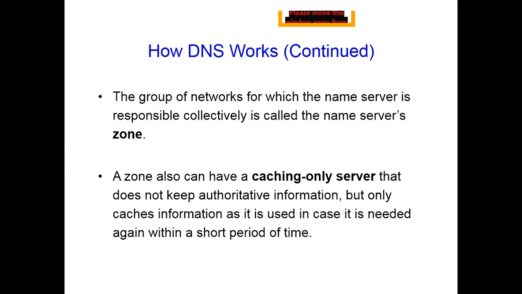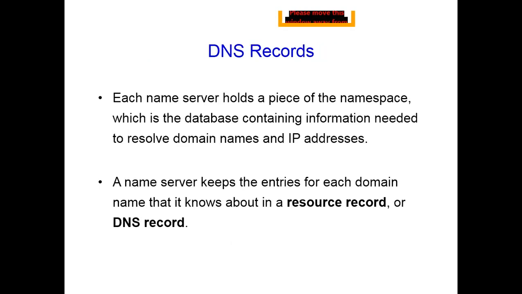The group of networks for which the name server is responsible is collectively called the name server zone. A zone can also be a caching-only server that does not keep authoritative information but only caches information as it is used, in case it's needed again within a short period of time.